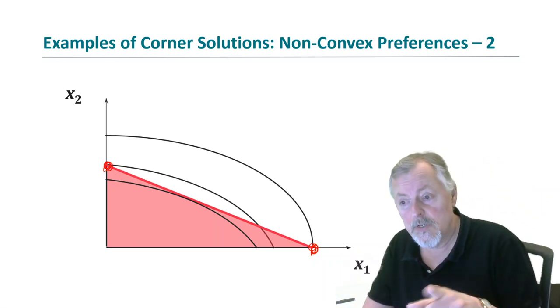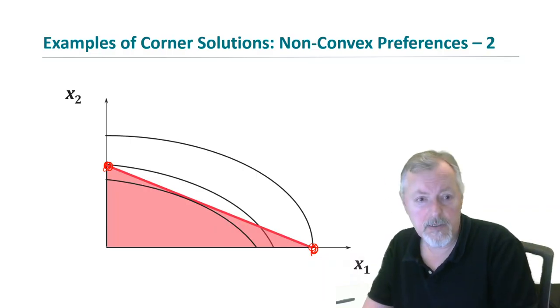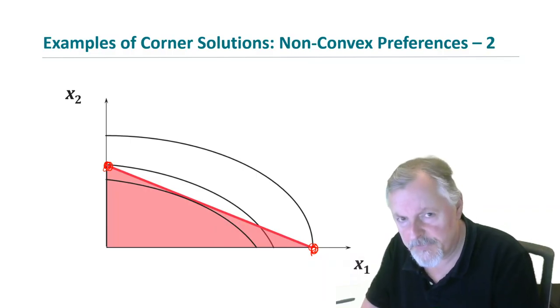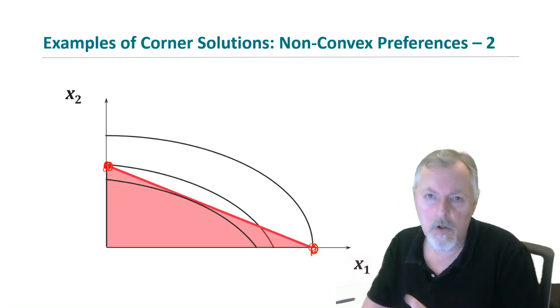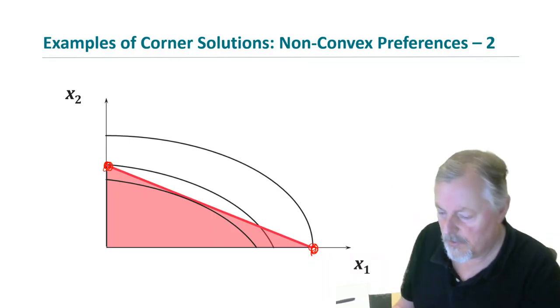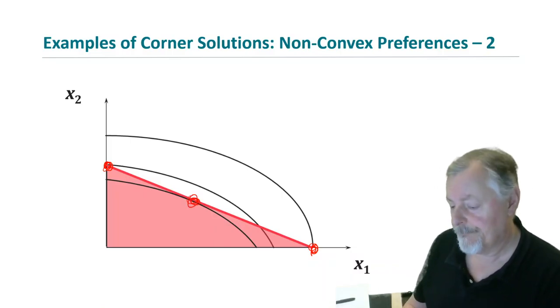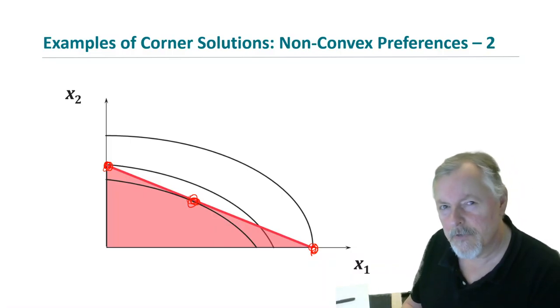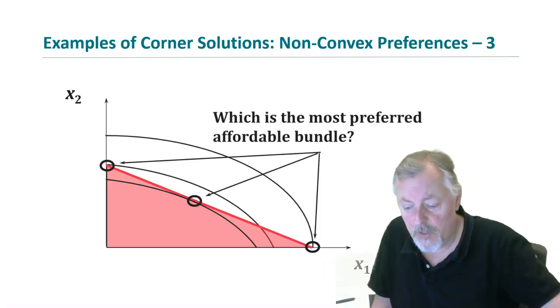They can also spend all their money on any combination in between. What happens if this person chooses a mixture, not all X1 or all X2? Well, then they'd be, for example, there. But that's a lower indifference curve, isn't it?